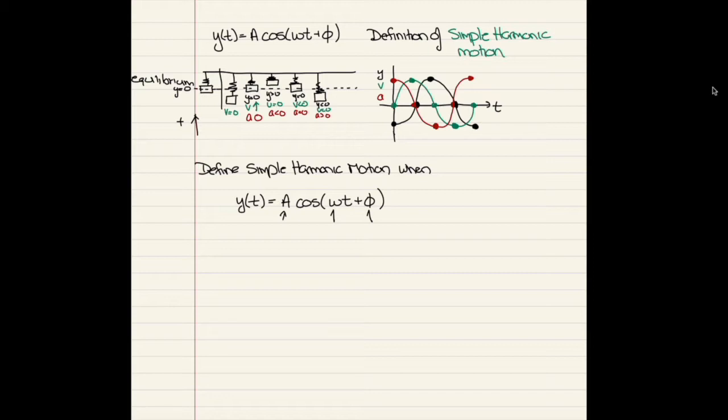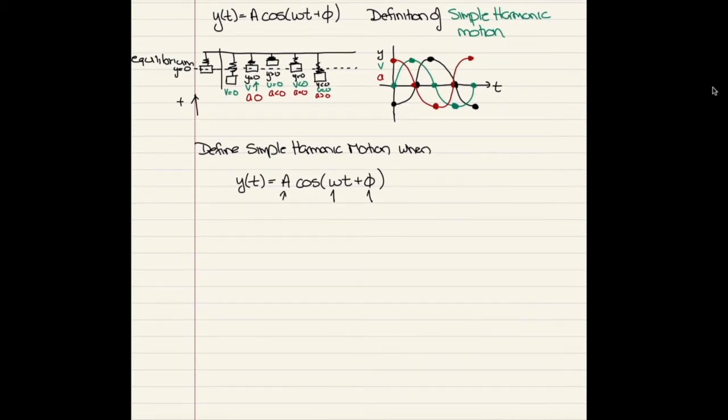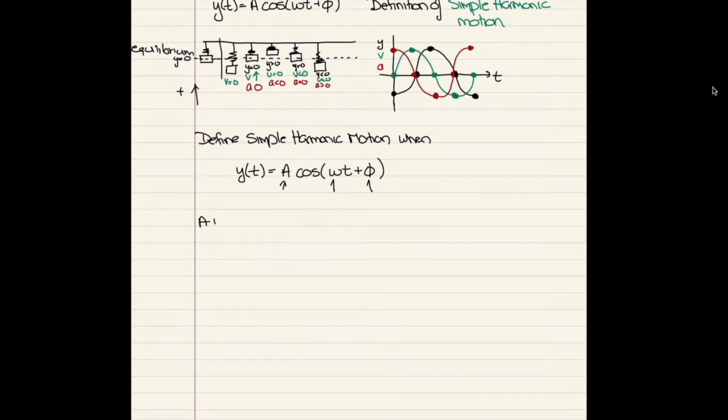But now we need to understand what each of these represents, and then how we tie them into physics. So A is called the amplitude. It is a measure of the height of the wave, or in this case of the oscillating motion.